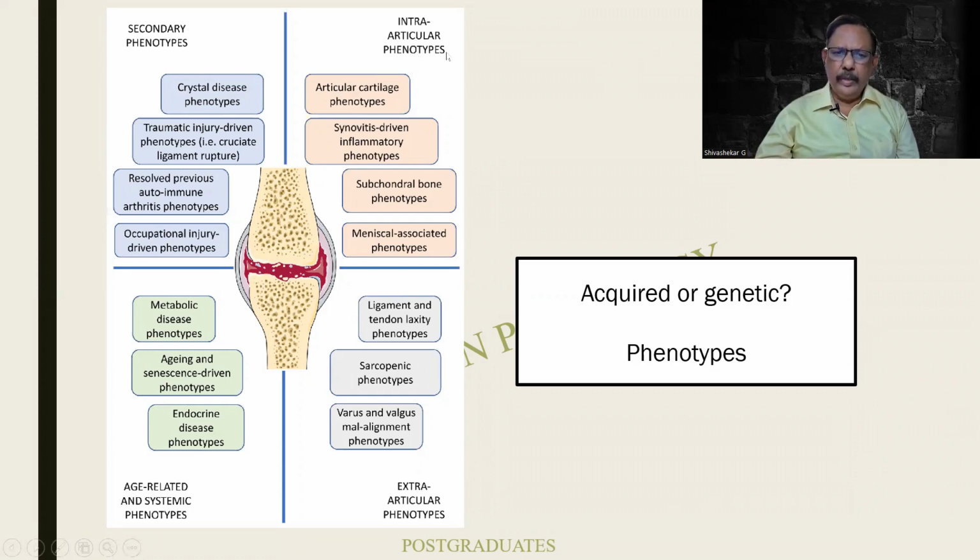There can be intra-articular phenotypes, extra-articular phenotypes. And all these are given over here, starting from aging up to the formation of crystals, the inflammation, etc., all enclubed under the word phenotype. So just have this in mind. It will help us when we study the answer. This is quite a complex topic as such.